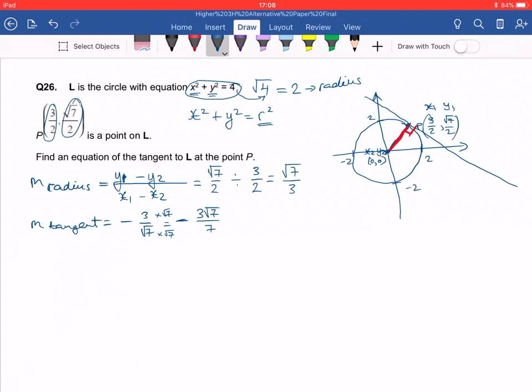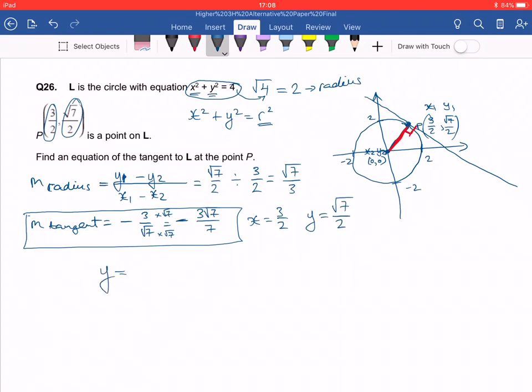So I've got the gradient of the tangent here, and I also have a point on the tangent, and that's really all I need to work out the full equation. From my point P, which lies on the tangent, I know that x is equal to 3 over 2, and y is equal to root 7 over 2. So I'm going to put that into y equals mx plus c.